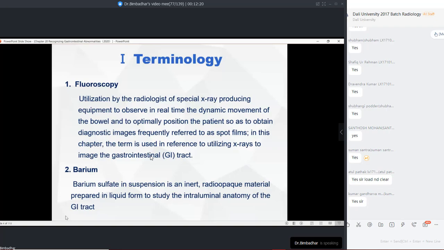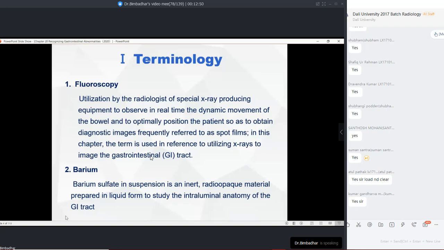So in a fluoroscopic procedure, generally it utilizes X-rays. But the only difference is that we are trying to move the patient in different positions. Technically not moving the patient, we are actually moving the examination table into different positions, and we will use some kind of contrast material.